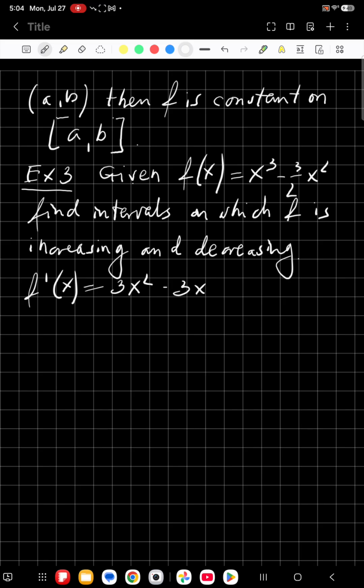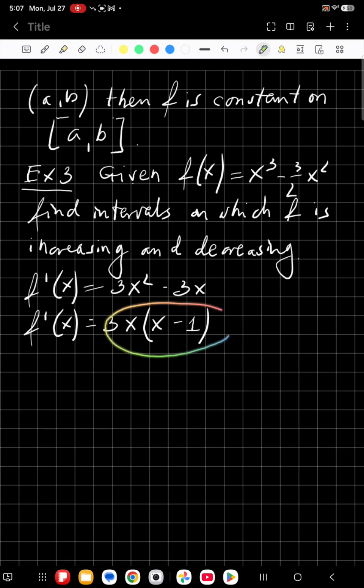Let me factor the 3x out. So we have 3x, and then x minus 1 in parentheses. What we need to do right now is to figure out when this function, the first derivative, is positive and negative.